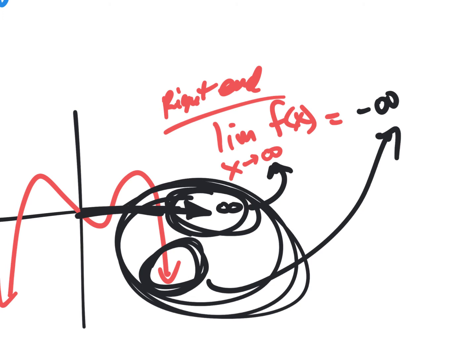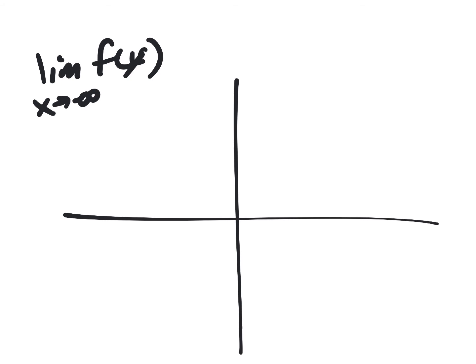All right. Then, if you really have got this, then I should be able to give you 2 limit statements, and you should be able to sketch what the graph looks like. The limit of f of x as x approaches negative infinity is infinity.